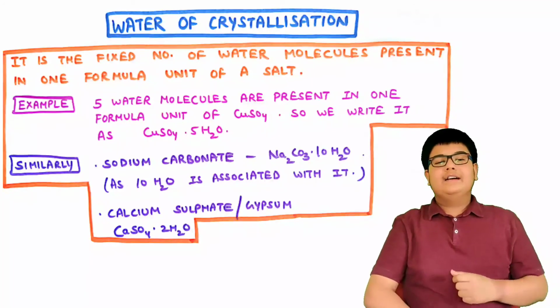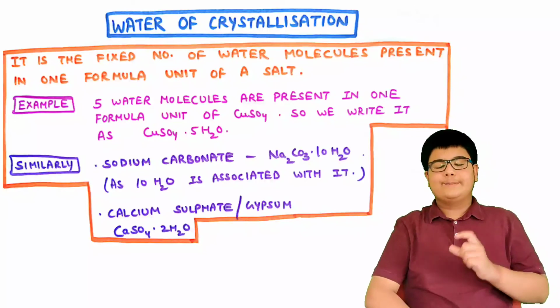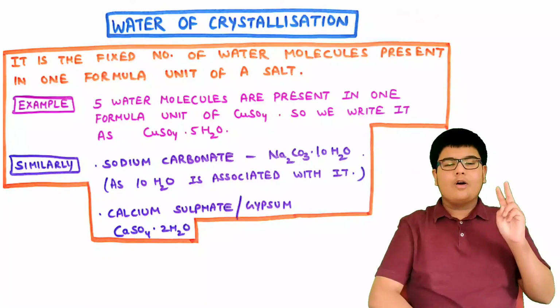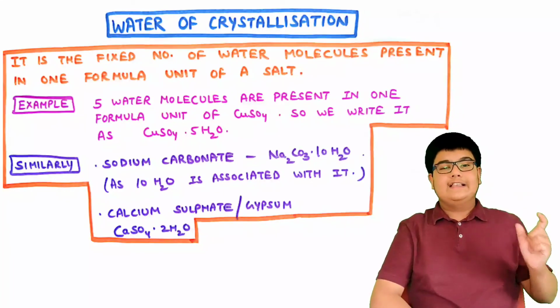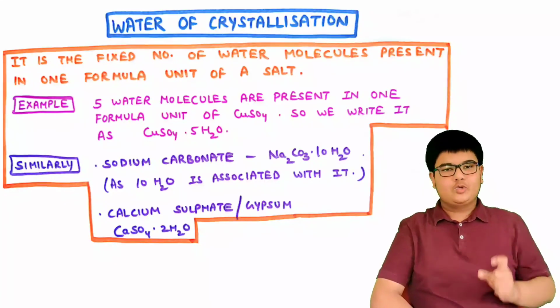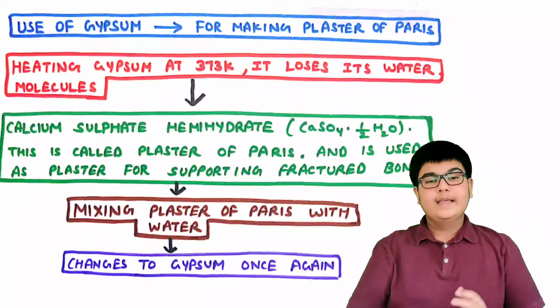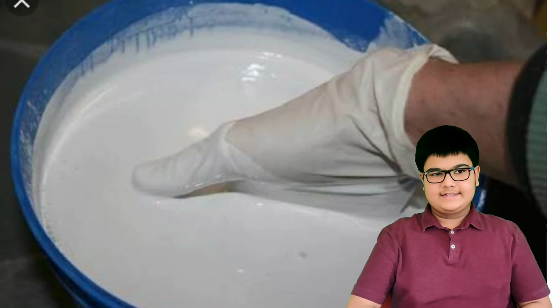So now another example is calcium sulfate or gypsum. With calcium sulfate or gypsum, 2 water molecules are associated, and its formula is CaSO4.2H2O. Now we will study this gypsum in detail. So the gypsum is used for making plaster of Paris.